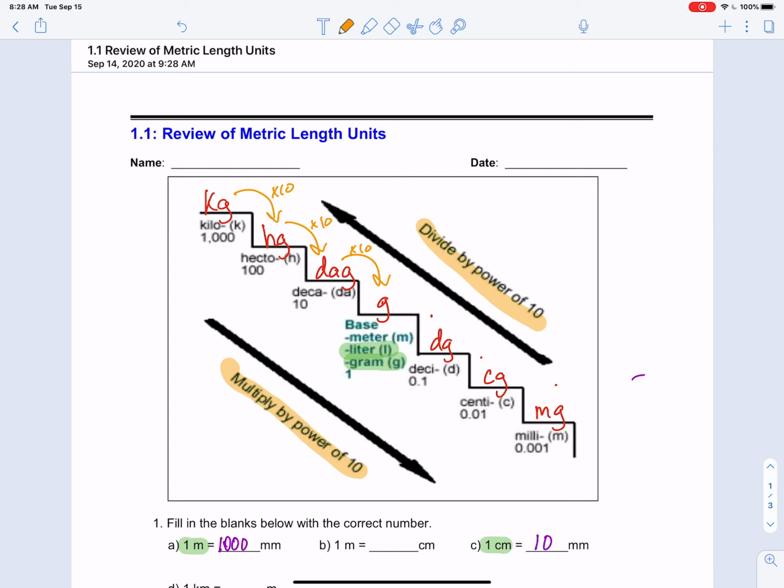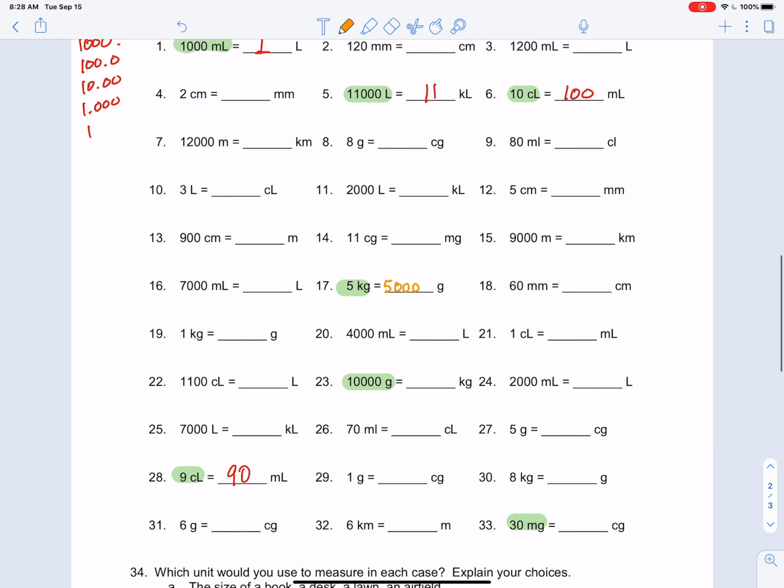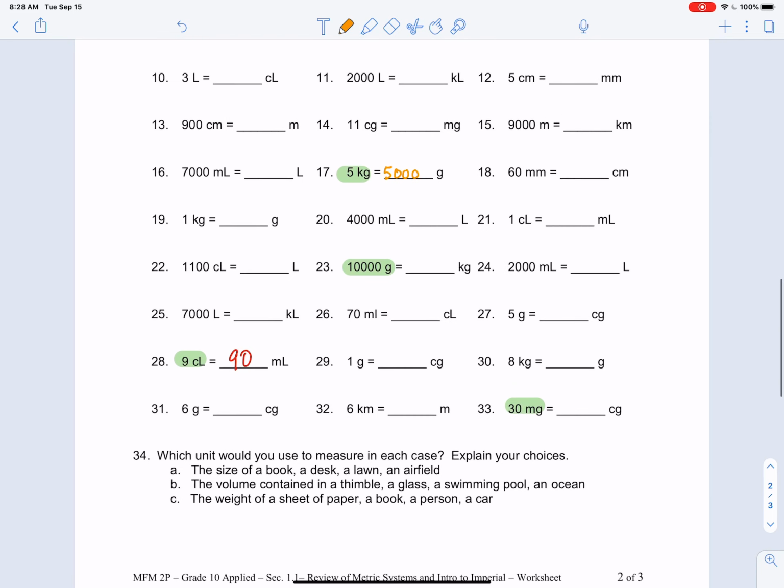So the base unit here is grams, and we're going to kilograms. Now we're actually going up the staircase. So the same path that we just took, but now we're going to go 1, 2, 3. So now we're going to divide by 10, 3 times, in which case that's going to be 3 steps to the left. So we're going to lose 1, 2, 3 zeros.